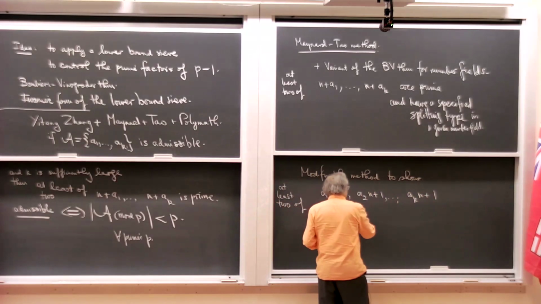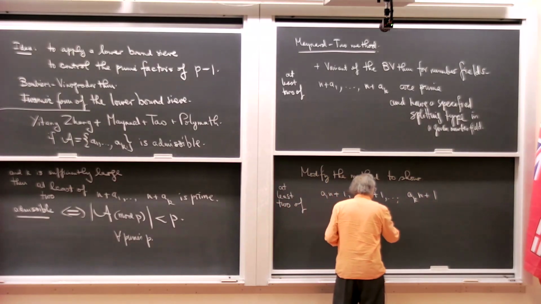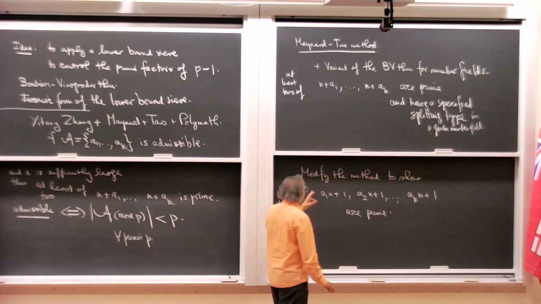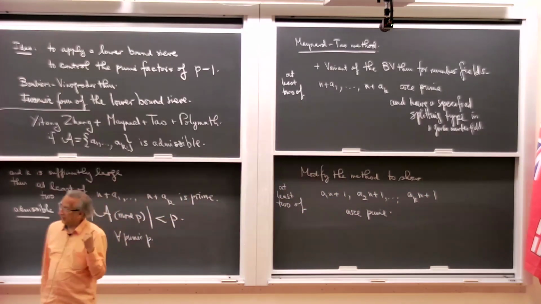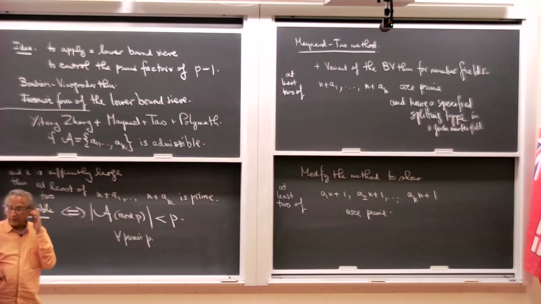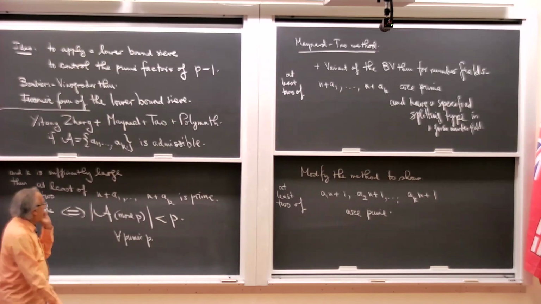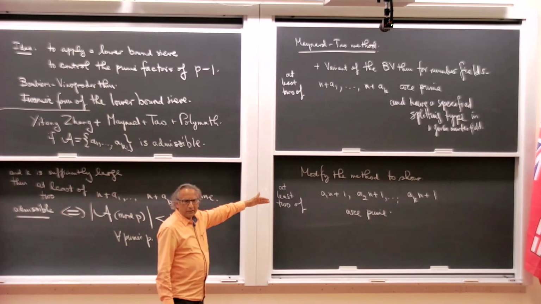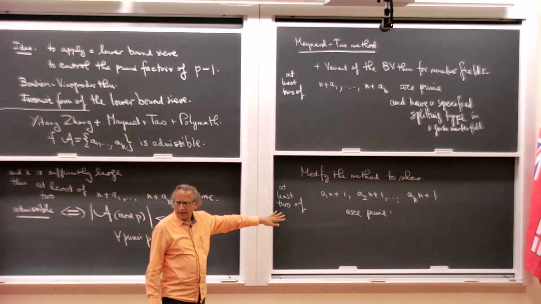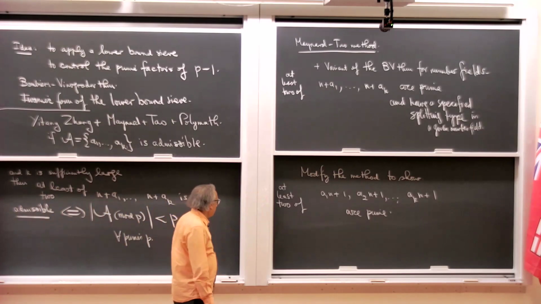So here, the Maynard-Tao method can be modified to show this result. Instead of looking at n plus a1, ..., n plus ak, you can look at a1 n plus 1, a2 n plus 1, and so on. The reason for this is because now, if these are primes, you have some sort of control over p minus 1. At least you know something about the ai.